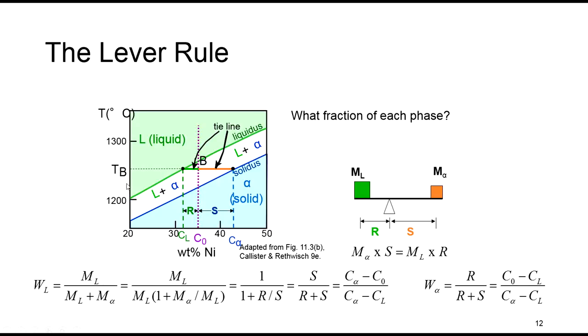So this is for the weight percent of liquid, and then for alpha we can do the same type of calculation, which ends with this relation. This is known as the lever rule.